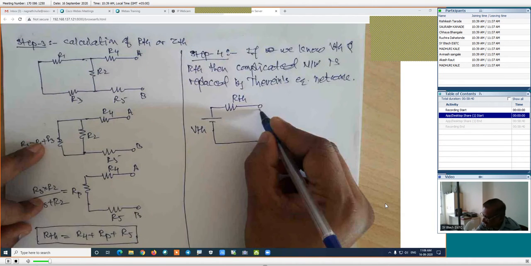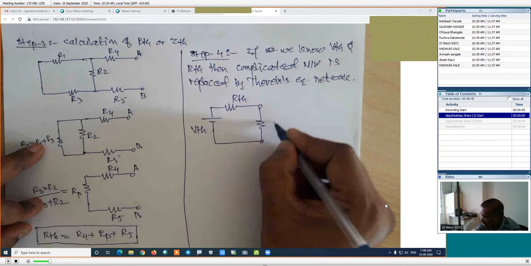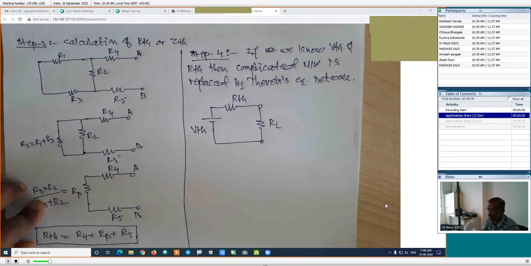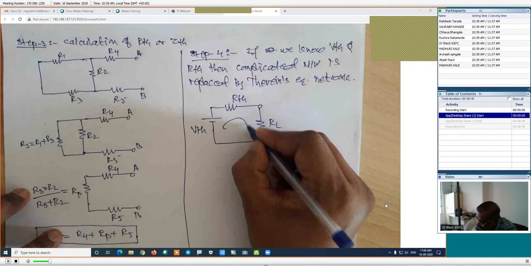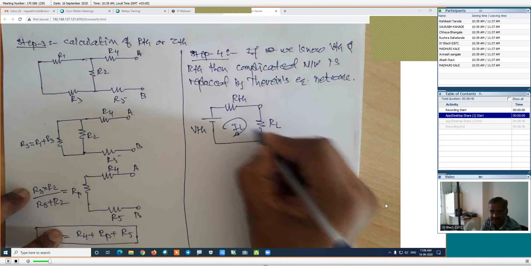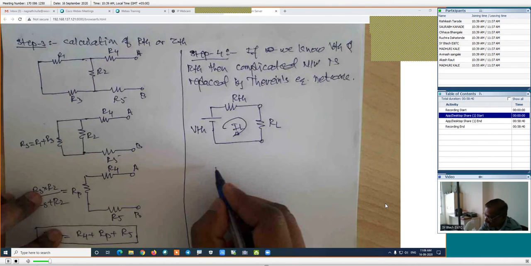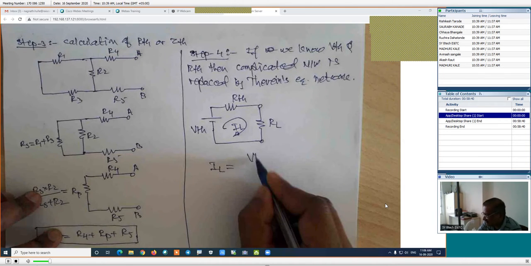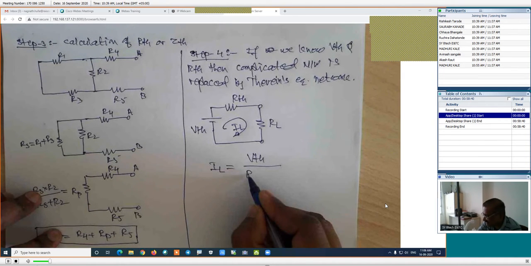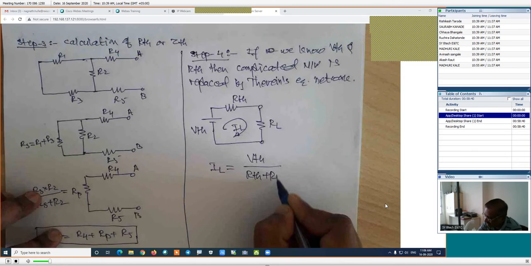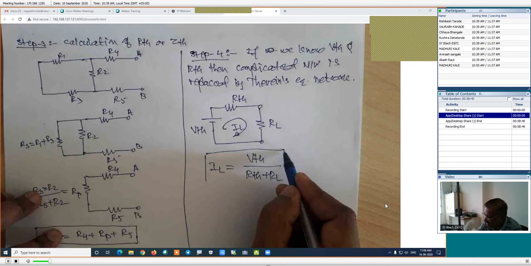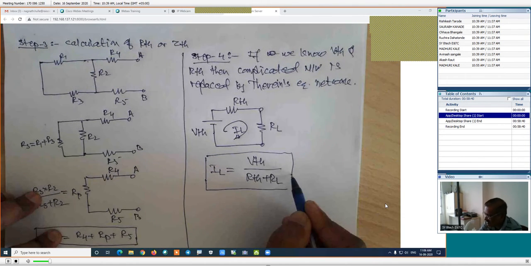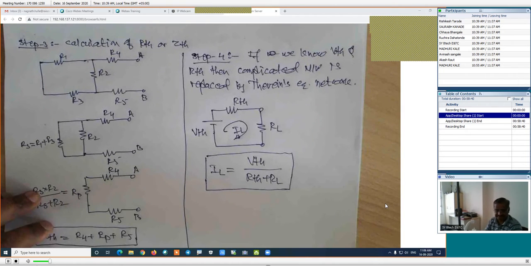This is VTH, and here we reconnect the load resistance which was removed in step number 1, and we find the load current IL. As per this figure, IL is equal to VTH divided by RTH plus RL. This is the explanation part of this particular theorem, which is nothing but Thevenin's theorem.